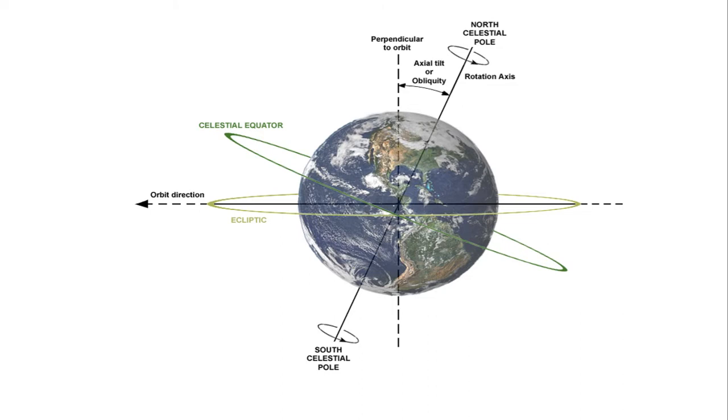Earth's axis of rotation is not vertical like the plumb line, but it makes a certain angle to the plumb line. Hence, we say Earth's axis is inclined.